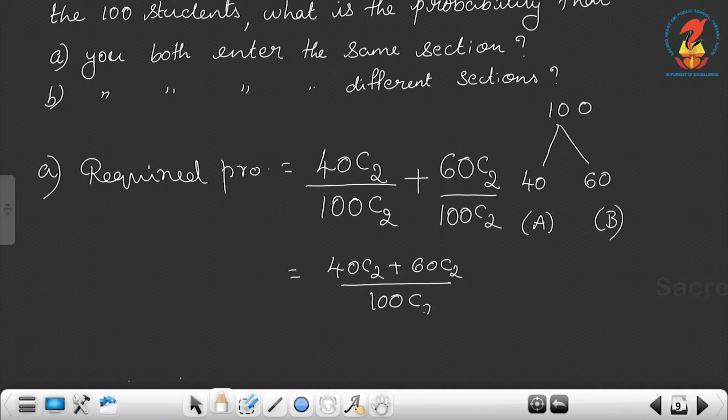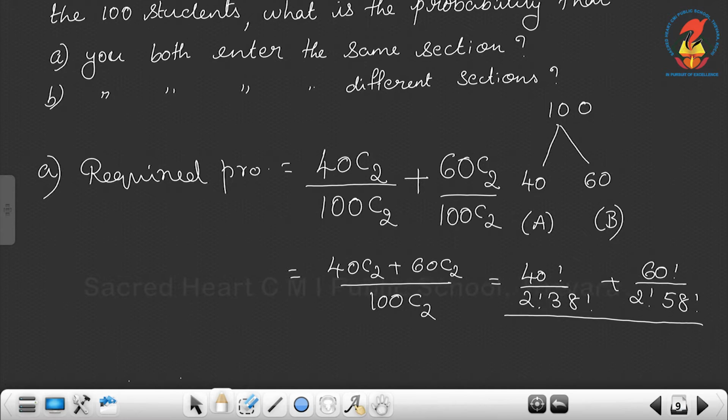Okay. So 40 C2 how to write? 40 factorial by 2 factorial and 38 factorial plus 60 factorial by 2 factorial and 58 factorial. Now 100 factorial by 2 factorial and 98 factorial.